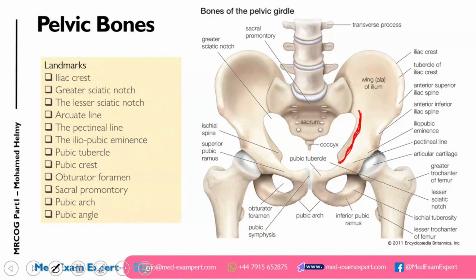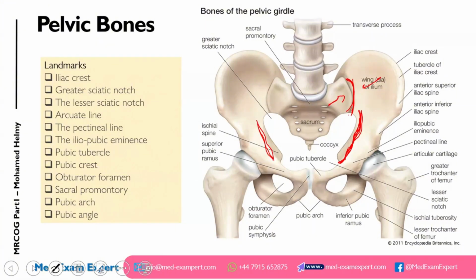It extends from the sacroiliac joint, this joint which is between the sacrum and the ilium, till the pubic bone here. This smooth rounded border, we call it the arcuate line.